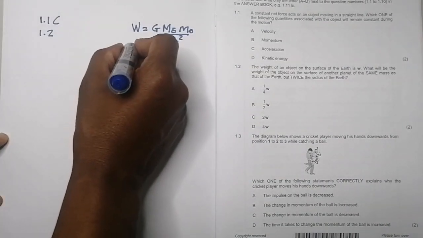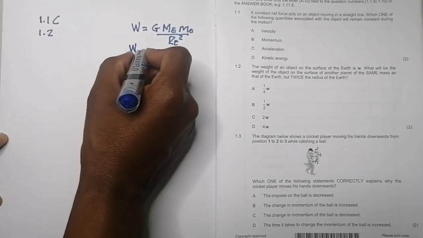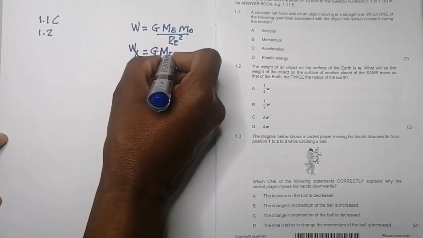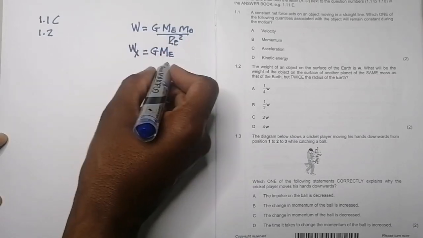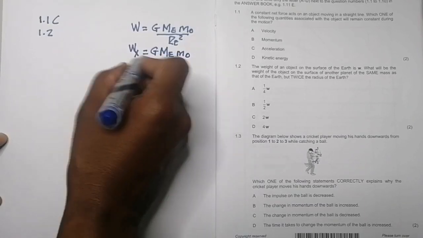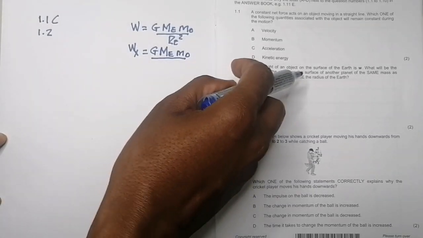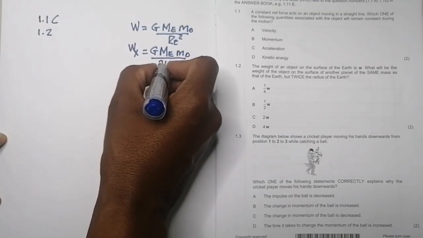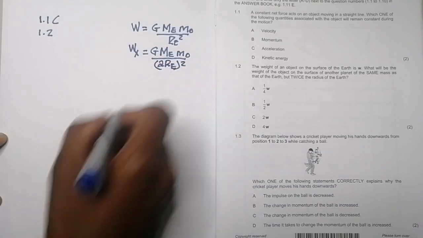So let's call it planet X. So the weight on planet X would now be equal to G multiplied by the mass of planet X, but remember it's the same as the mass of the Earth, multiplied by the mass of the object, which still remains the same. But now they told us that the radius is twice the radius of the earth, so it means that it's (2RE) squared.